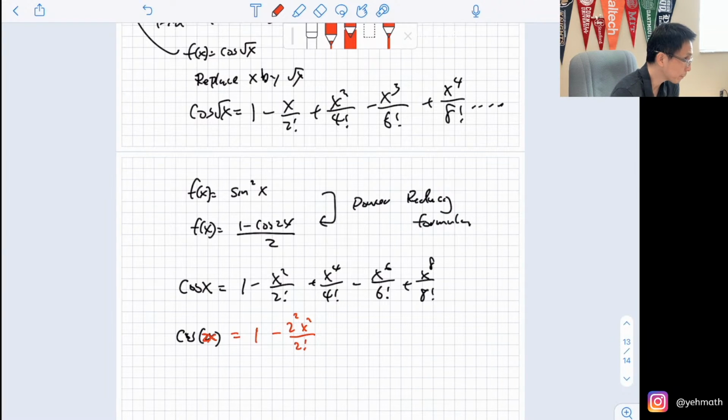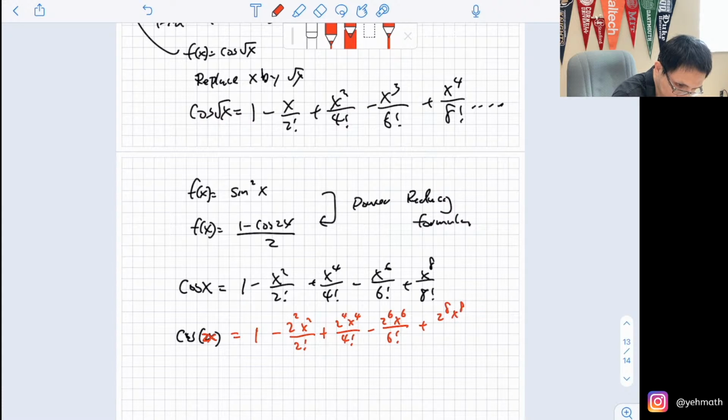Am I doing okay? What's the next term? 2 to the 4, x to the 4 over 4 factorial minus 2 to the 6, x to the 6 over 6 factorial plus 2 to the 8, x to the 8 over 8 factorial. Does that make sense?